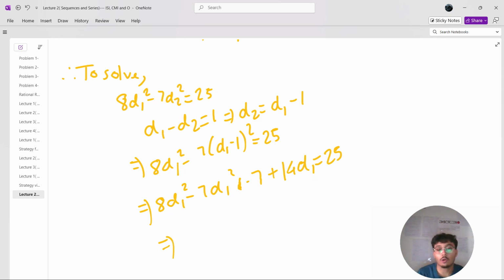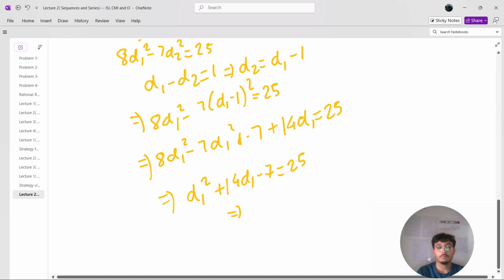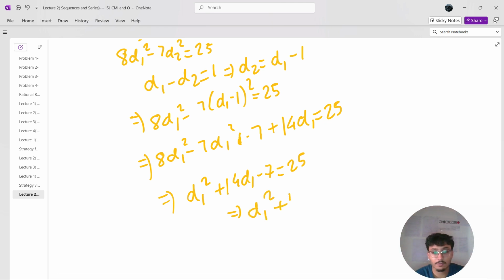Taking minus 7 common gives D1 square minus 2 D1 plus 1, which is D1 minus 1 whole square. So this basically gives me D1 square plus 14 D1 minus 7 equals 25. Then I get D1 square plus 14 D1 minus 32 equals 0.